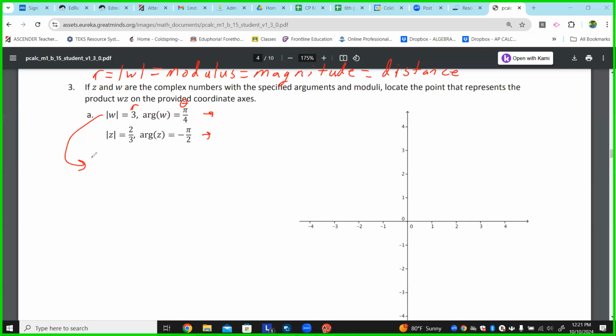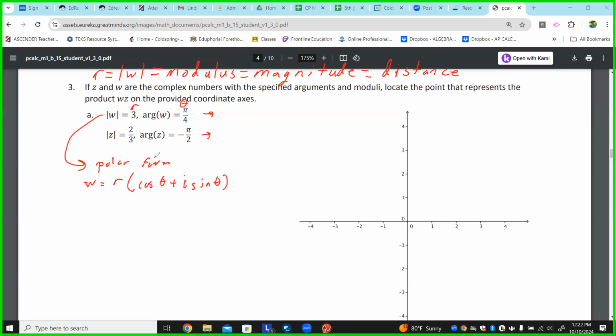So to work this out, remember that the polar form is written as, well, I guess this is W. This is going to be R times parentheses cosine theta plus i sine theta. Do y'all remember this from lesson 12?